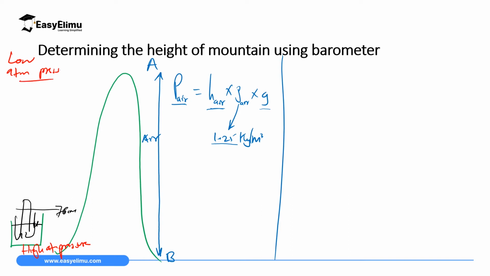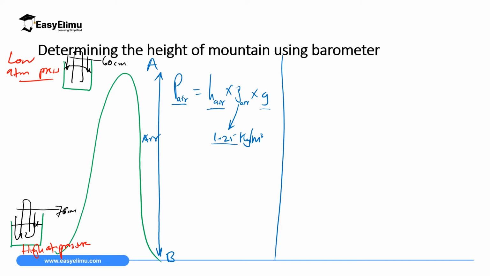So if we have low atmospheric pressure, and we bring our mercury barometer like this one and put it there, the height which this low atmospheric pressure will support will be relatively smaller than the one which is supported at the base. Let's say now it supports 60 centimeters. So at the base, it's supporting 76.